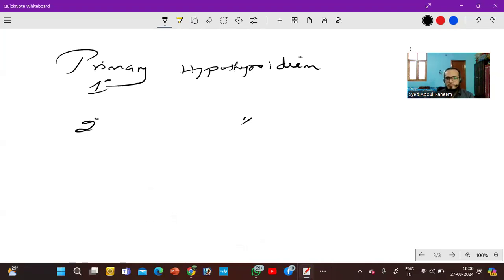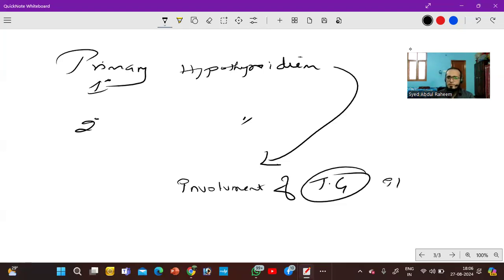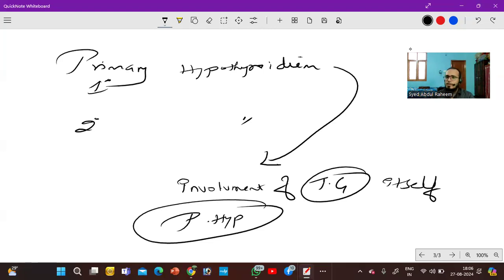Primary hypothyroidism means the involvement of the thyroid gland itself. Okay, there is no involvement of the pituitary gland or hypothalamus. Only the thyroid gland is affected, so we named it primary hypothyroidism.